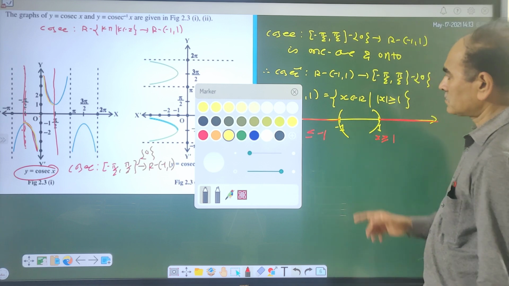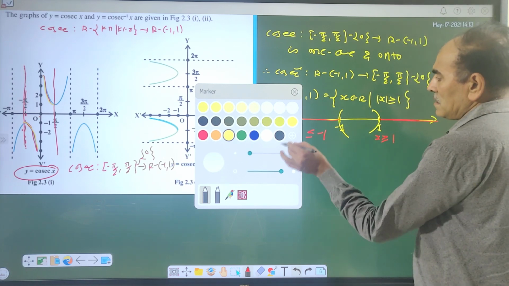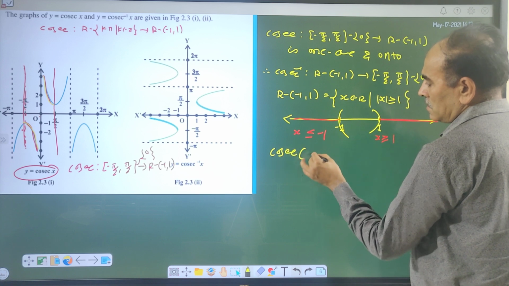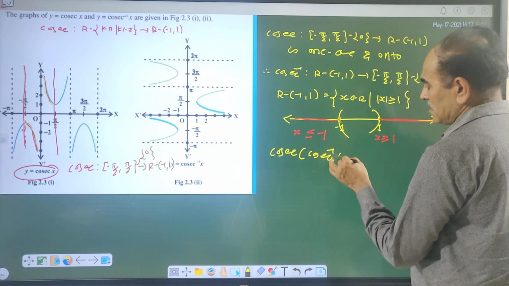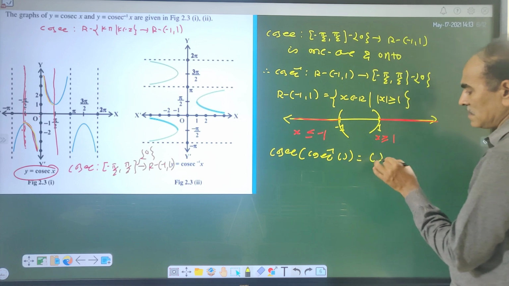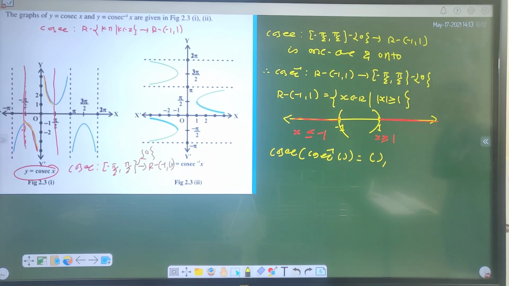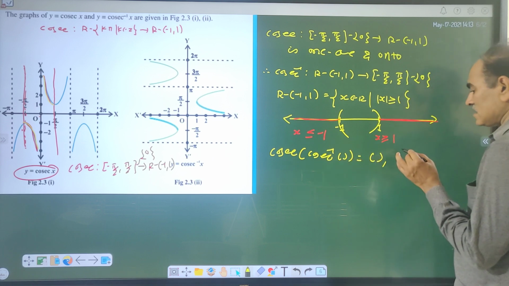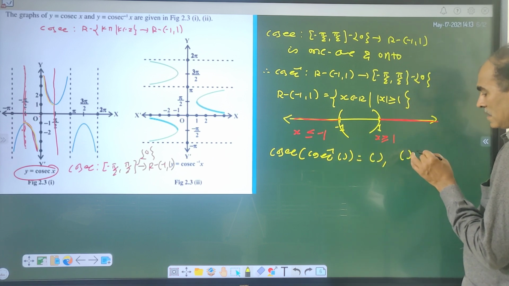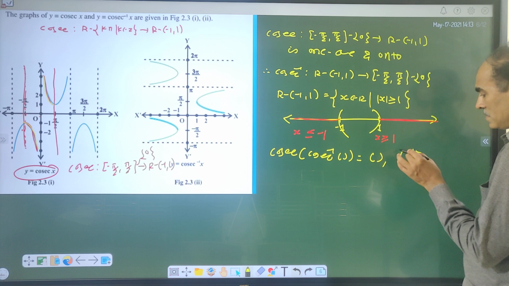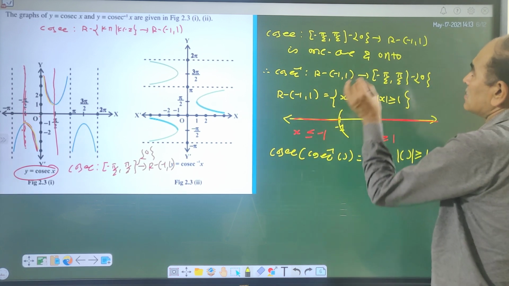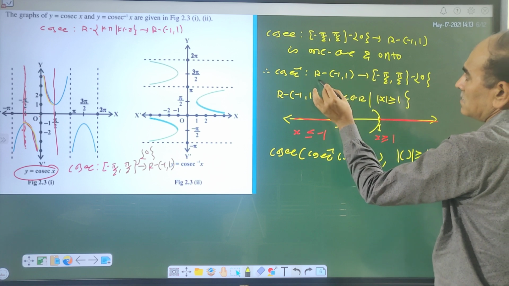Now see here. Same way here, what we want to write? Cosec of cosec inverse x is equal to x, that is the identity function, only when the magnitude of x is greater than or equal to 1, because see what is the range, domain of this one.